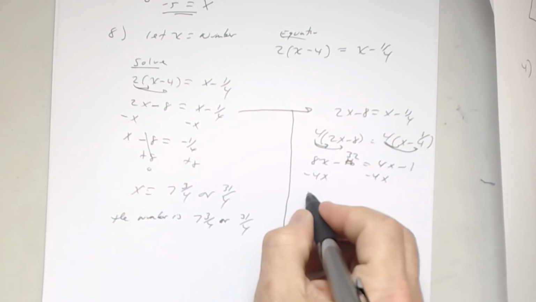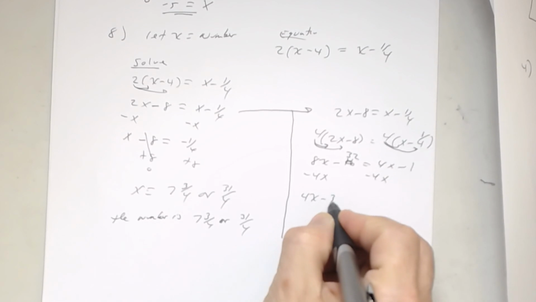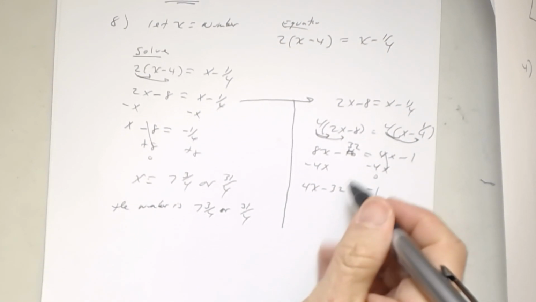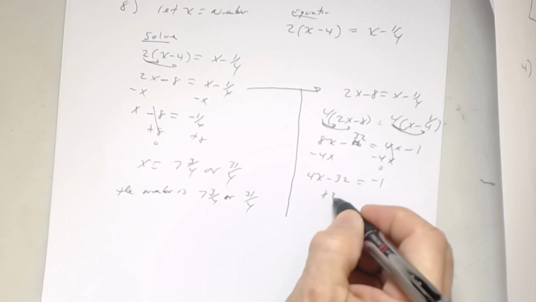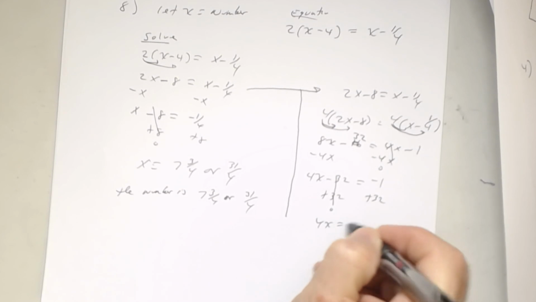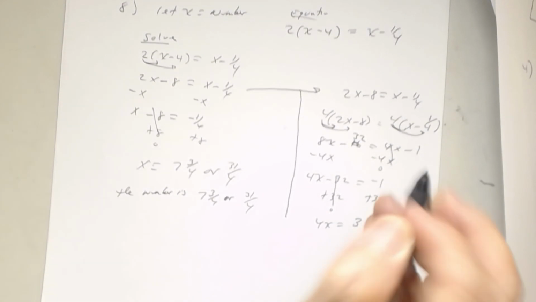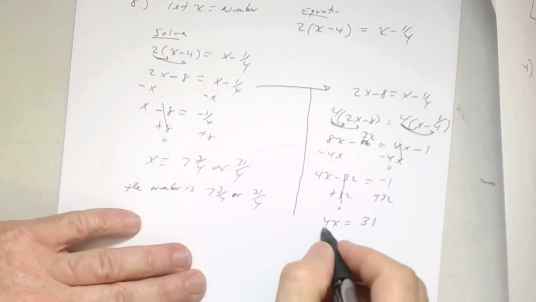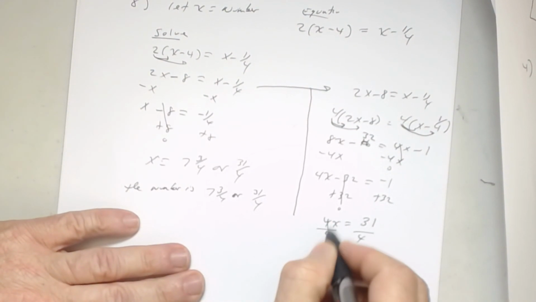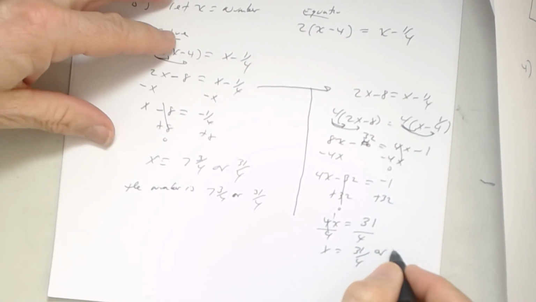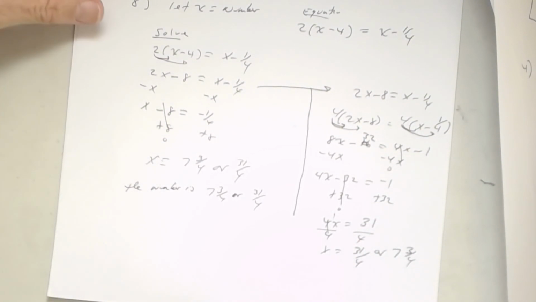What's 8x minus 4x? So you have 4x minus 32 is equal to negative 1. What's the next step? Add 32 to both sides. So I get 4x equals 31. You see, it looks like I'm getting there. Next step is to divide by 4. So what's x? 31/4, or you can say 7 3/4.